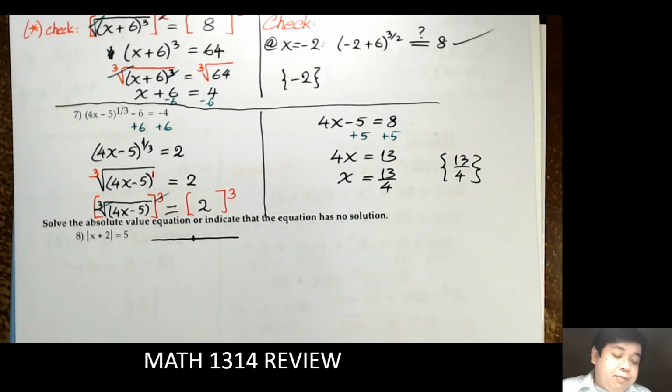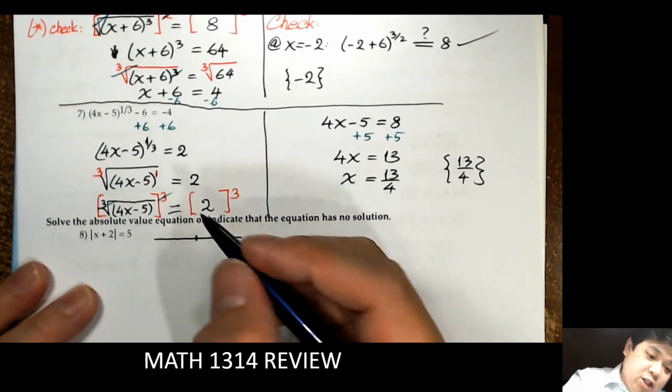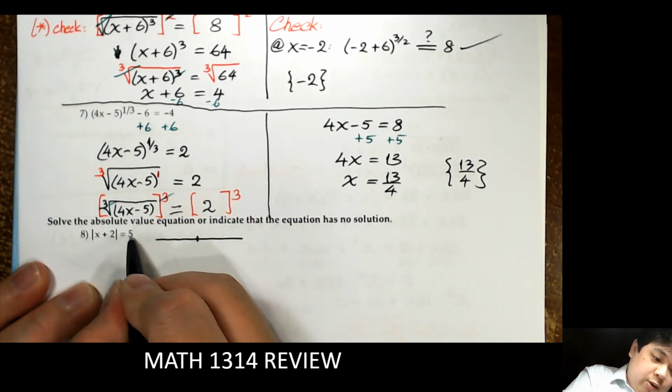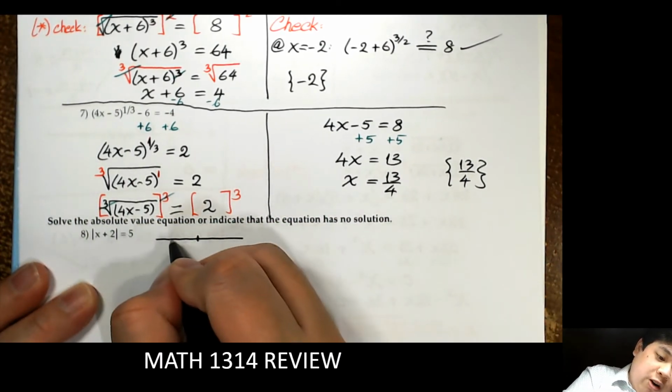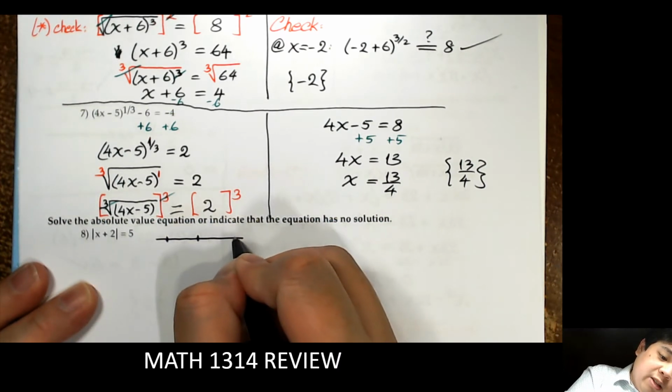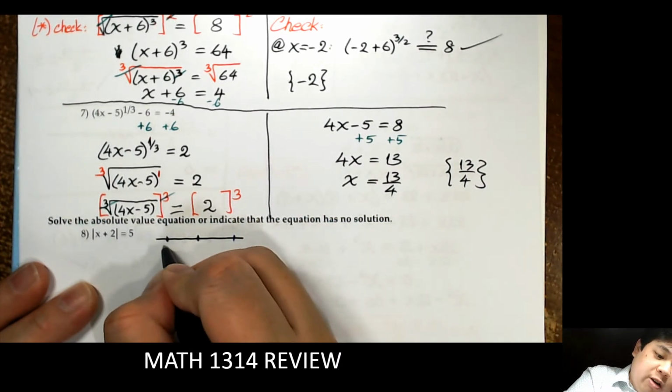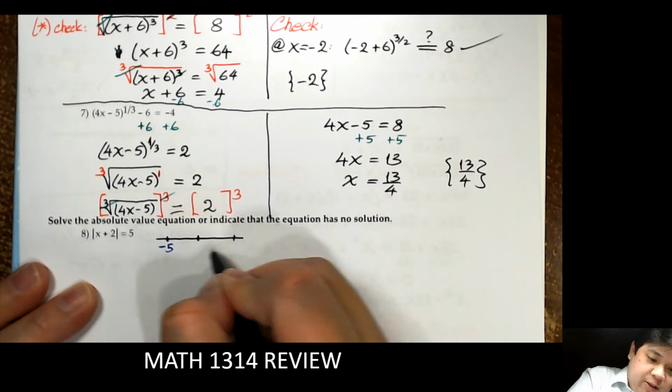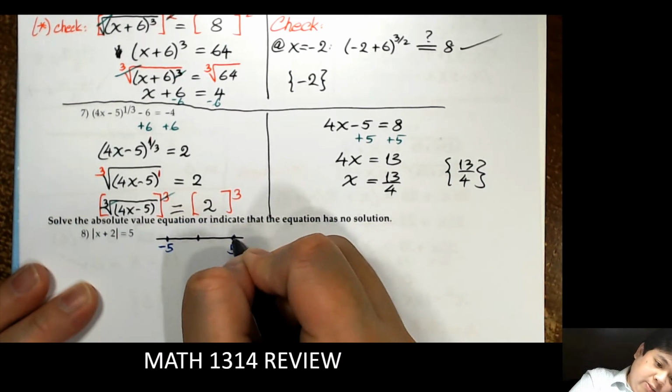We'll see. The absolute value of x plus 2 equal to 5. So absolute value equal to 5 means that the distance from 0 will be 5. So we might have negative 5, we may have 5.